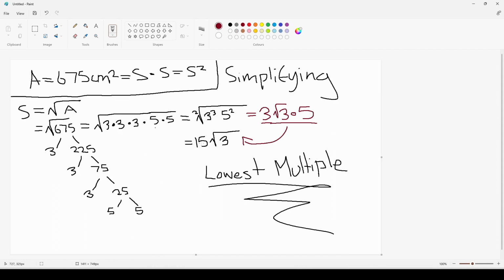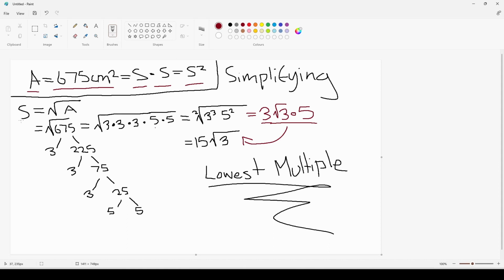Now let's look at simplifying them a little bit more and how it can be applied in different scenarios. Here we just have one term, and our area is equal to 675 square centimeters. And our area is also equal to our side times our side, and that's just side squared.